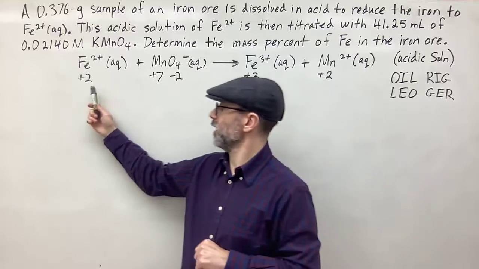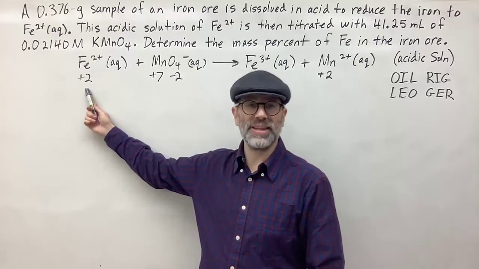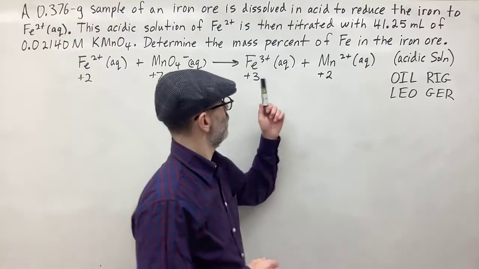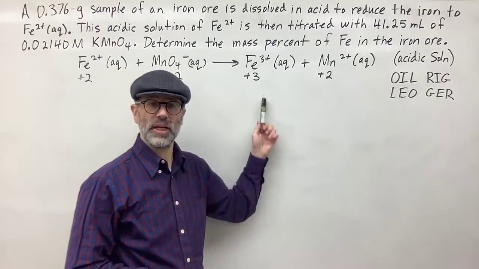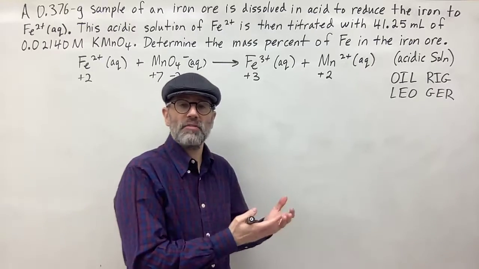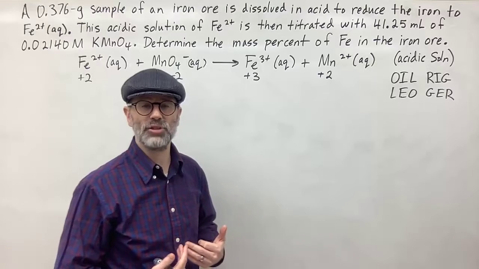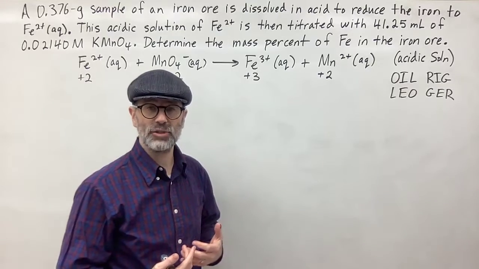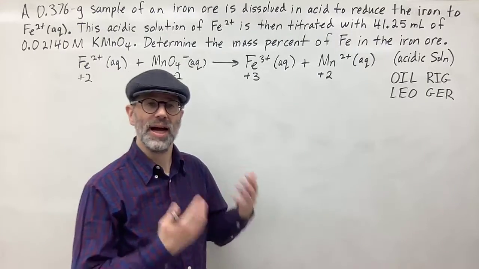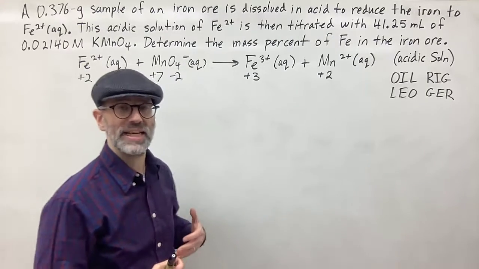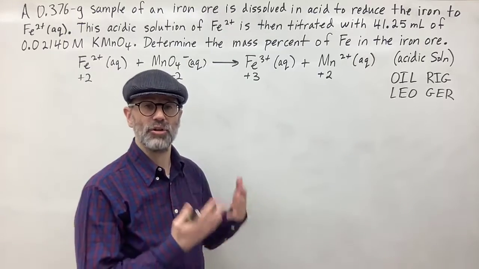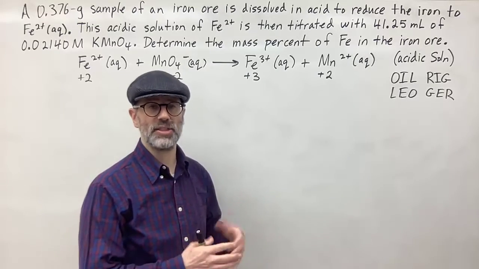If we look at iron, iron starts off with a +2 oxidation state, and it ends up with a +3. So it became more positive. If you become more positive, that means you lost negative electrons. So losing electrons is oxidation. The iron has undergone oxidation because it has increased in its positive oxidation state.